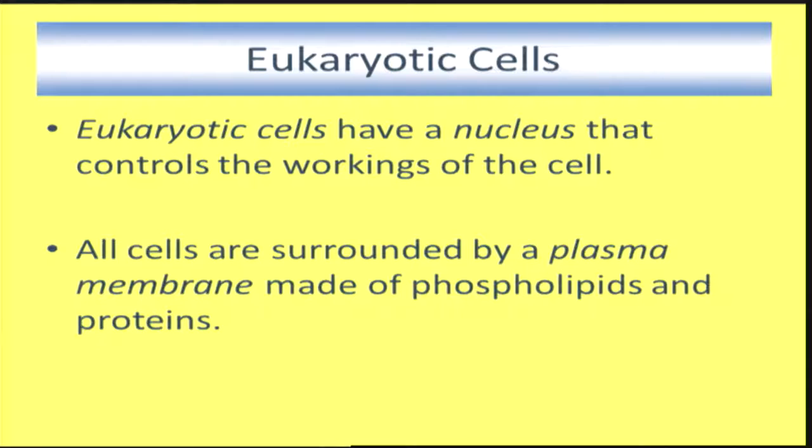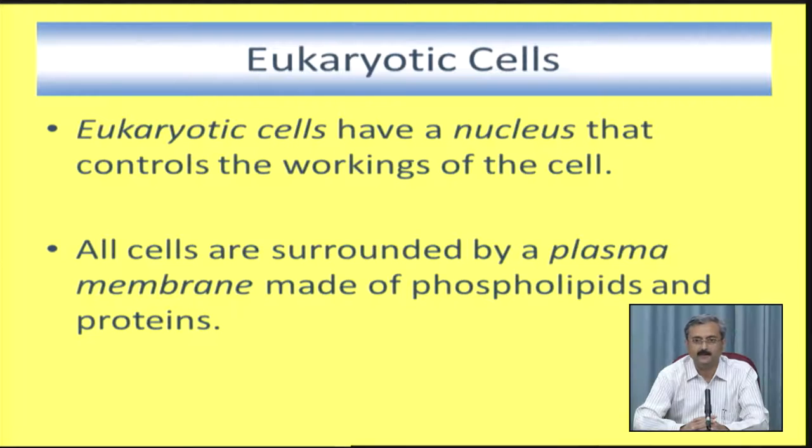Now, eukaryotic cells have a well-developed nucleus which controls the working of the whole cell. All the cells of eukaryotes are surrounded by a plasma membrane made up of phospholipids and protein molecules.